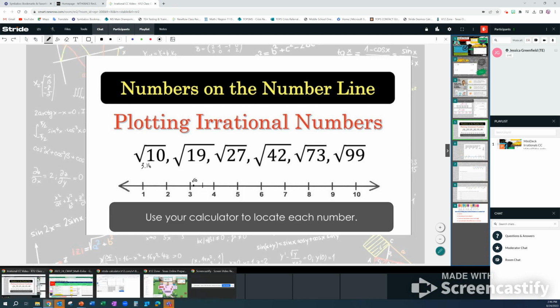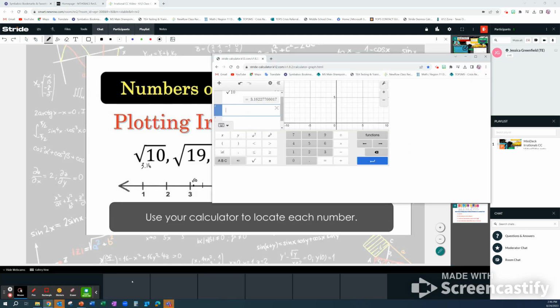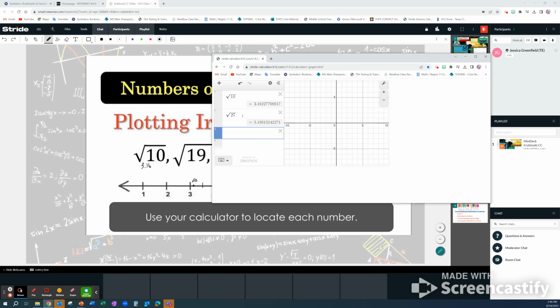So let's look at square root of 27. So I'm going to go back, put in square root of 27. A good way to start checking yourself here is the nearest square root would be where these whole numbers are. So I'm getting for square root of 27, 5.196.